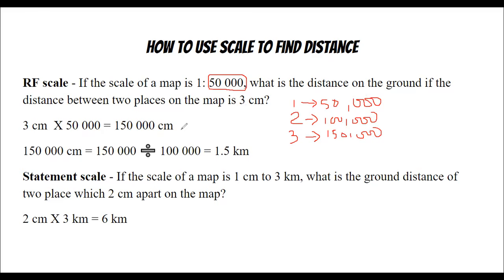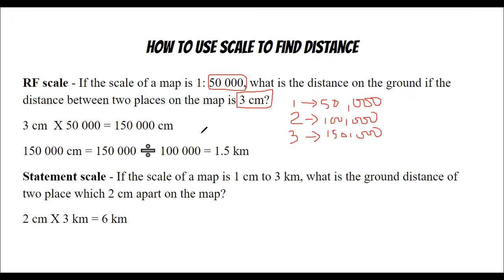All you would simply have to do is to multiply the distance that we are given, which is 3 centimeters, by this value here, this part of the scale. So it's 3 centimeters multiplied by 50,000, and that would give us 150,000 of this same unit, which is centimeters.